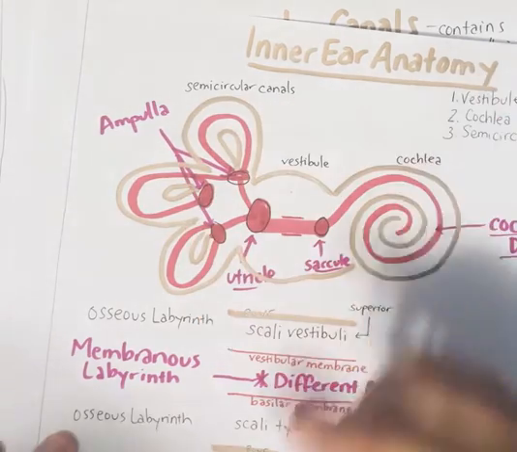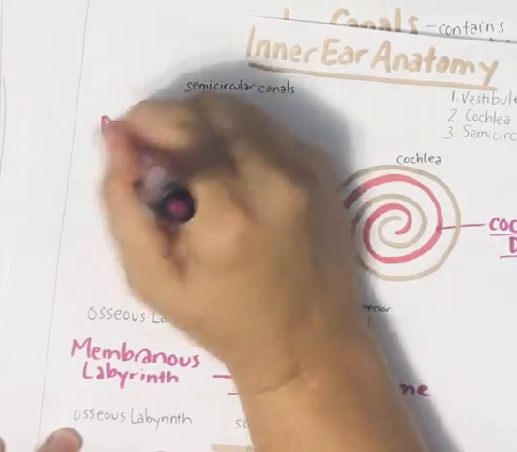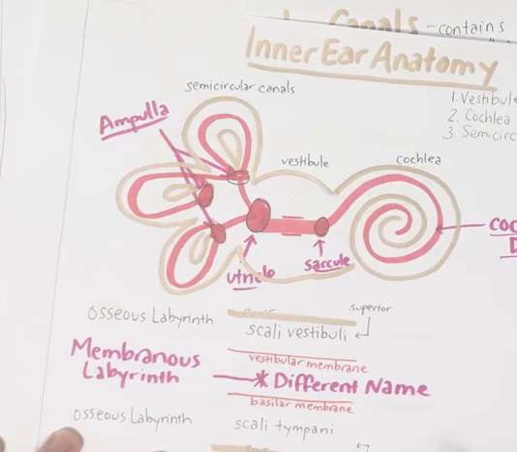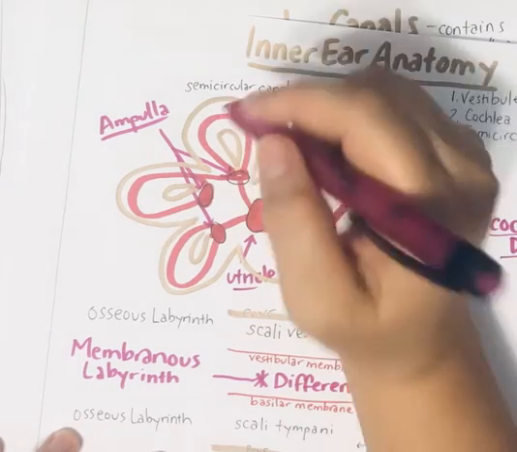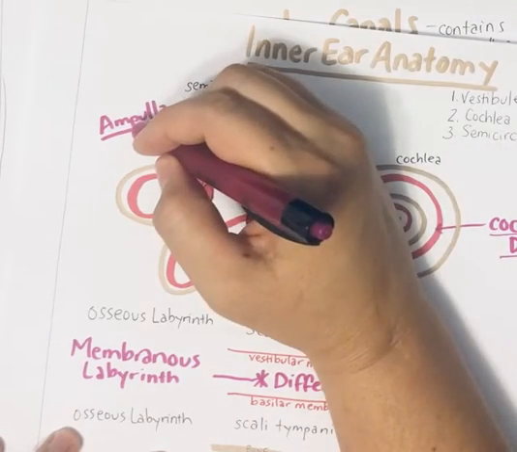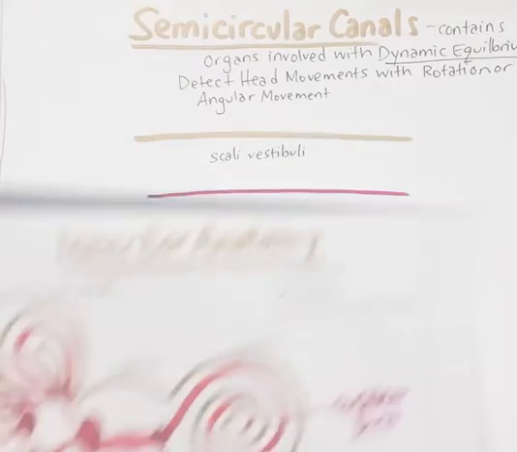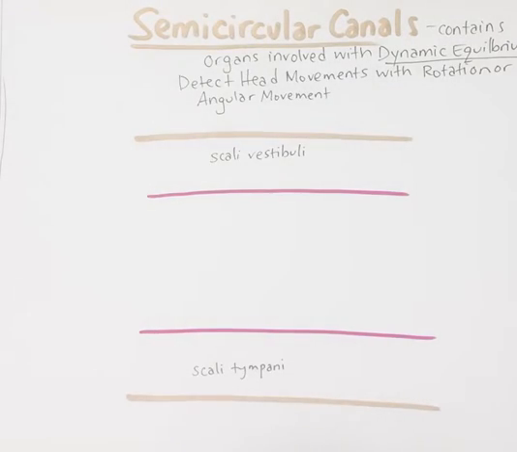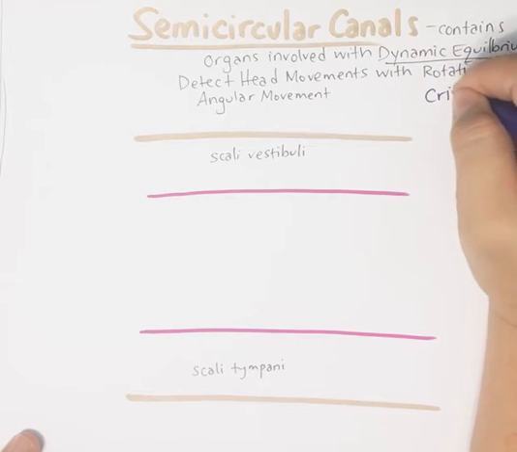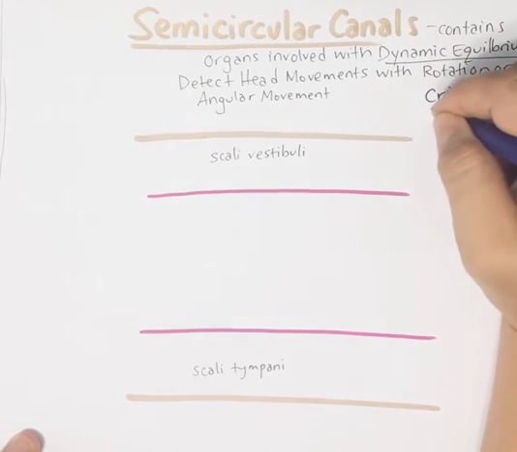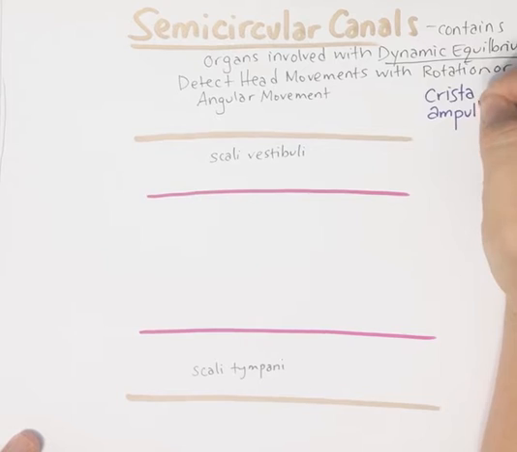So probably not the best color, but the membranous labyrinth in the semicircular canals is called the ampulla. Now, it contains the organs that are involved with dynamic equilibrium, which is going to be called the crista ampullaris.